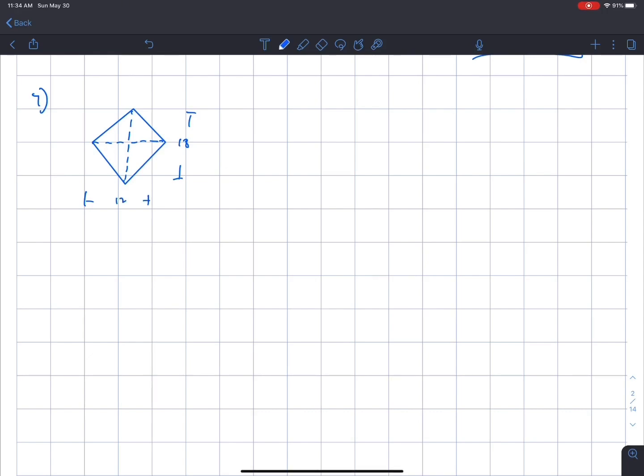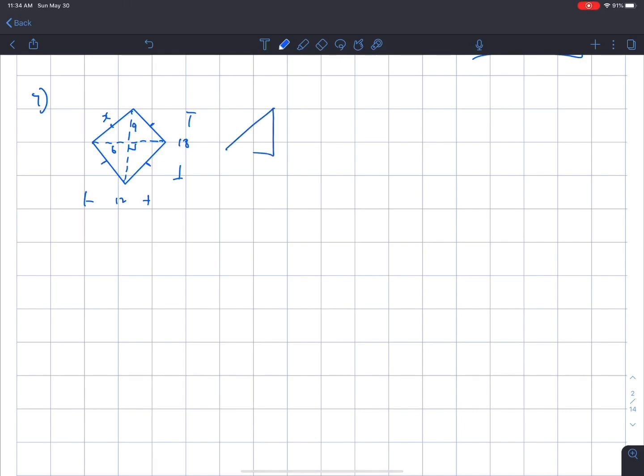So I'll just call the side x. So the perimeter will just be 4 times x. Because the vertical diagonal is 18, I can say that these are 9. They're being cut exactly into halves. And then horizontally is 12. So if we cut that in half, that's 6.